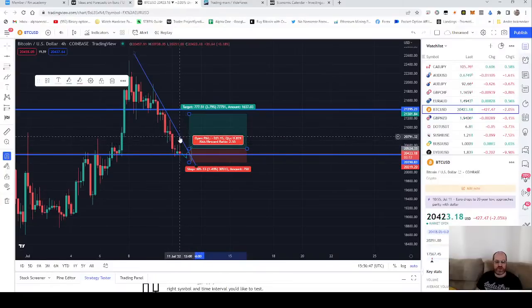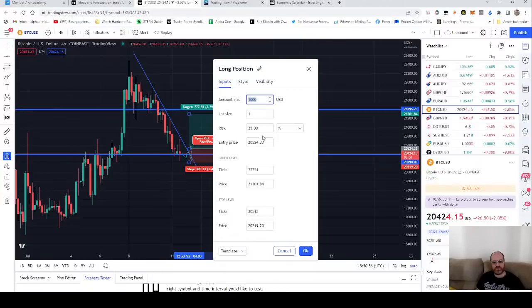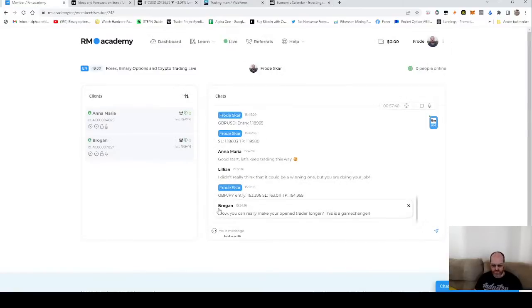If we break above this trend line you see here now, I can give the signal. Let's take it. Entry price here. Let's go over here. BTC USD. Entry.